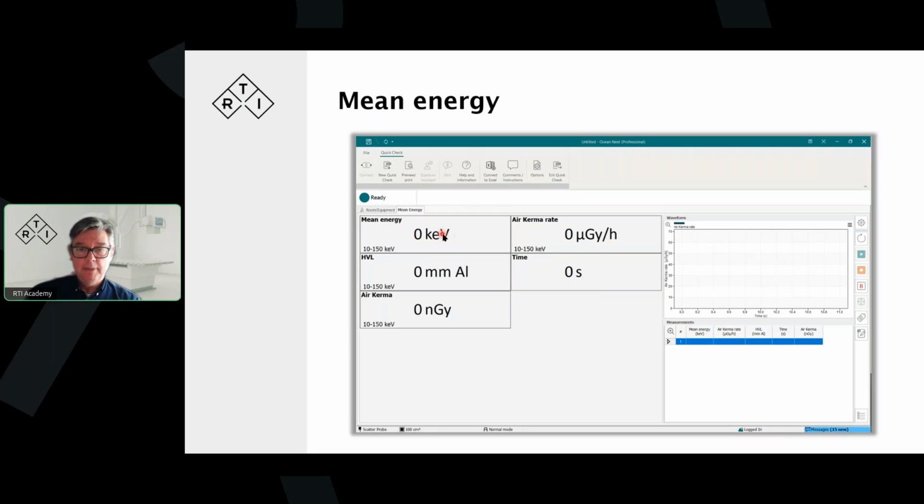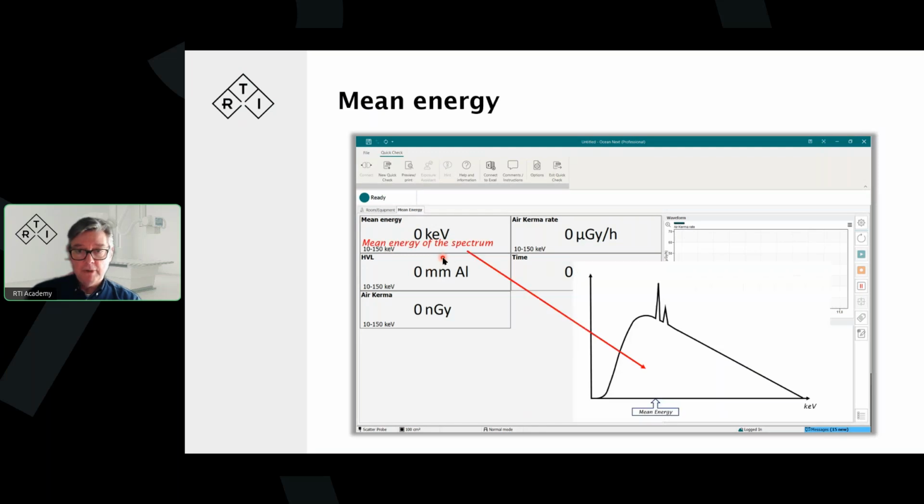It is the mean energy of the spectrum. So is the HVL, the half value layer of the spectrum, not of the filtered output from the tube. So those cannot be compared to what we see on the console of the machine, if it's a CT scanner or a radiography machine.